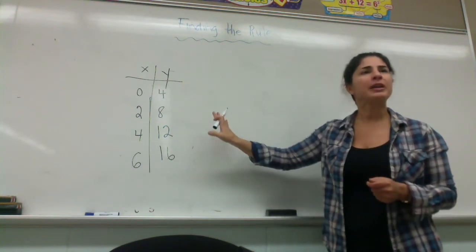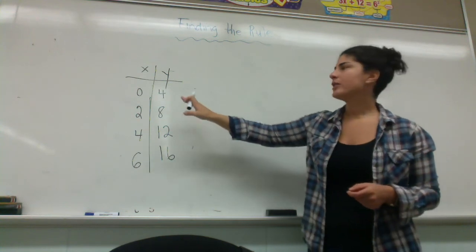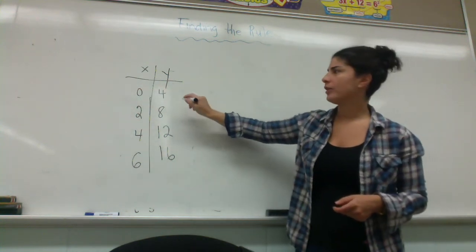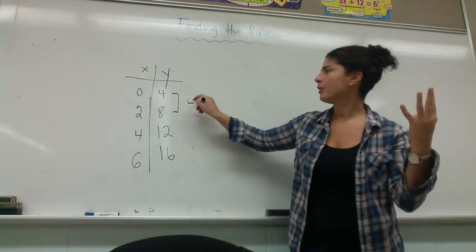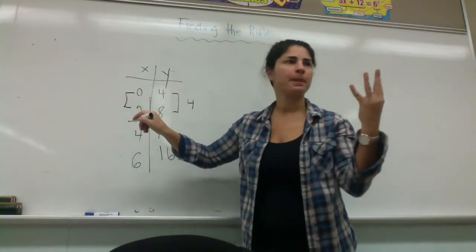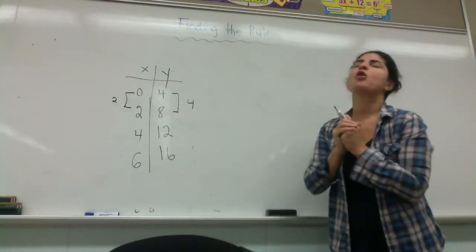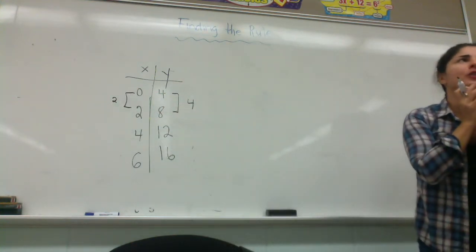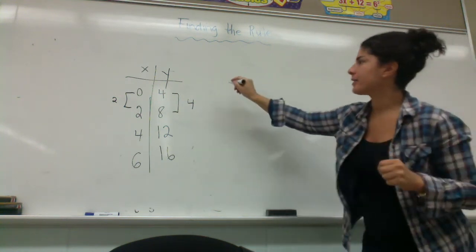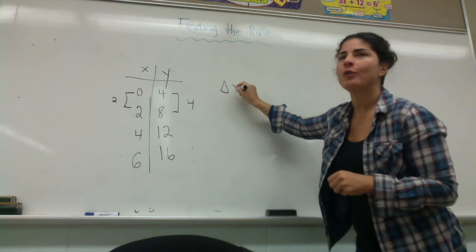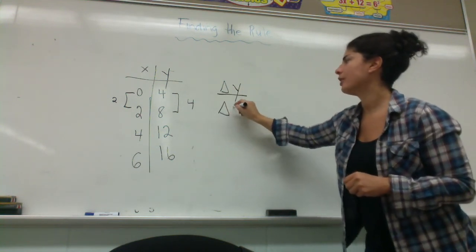Okay, so let me give you a trick to find the common difference. Ready? Here, what's the common difference? 4, right? Here, what's the difference? 2. So the trick is this formula: the change of y divided by the change of x.